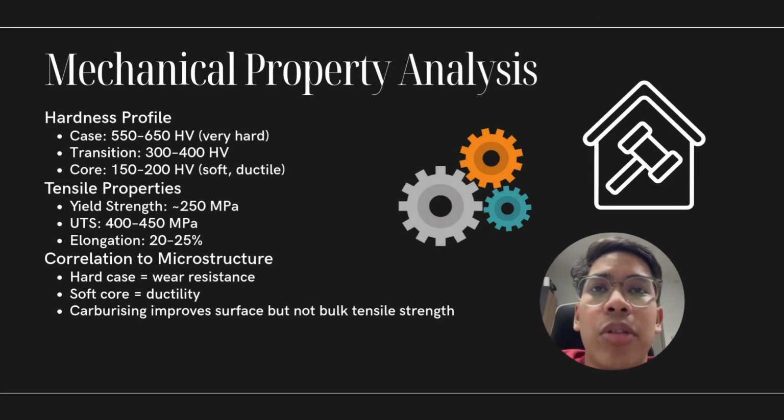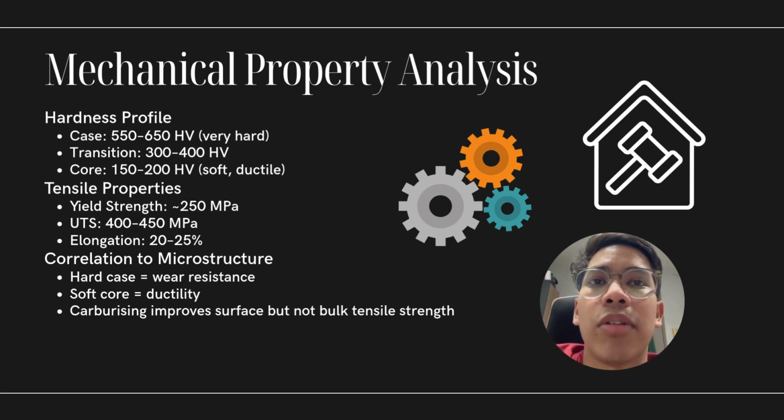For section 5.2, the mechanical property analysis, the hardness results follow the microstructure. The surface shows very high hardness, typically between 550 and 650 HV. Due to the fine pearlite and cementite, the transition zone has moderate hardness and the core is the softest.